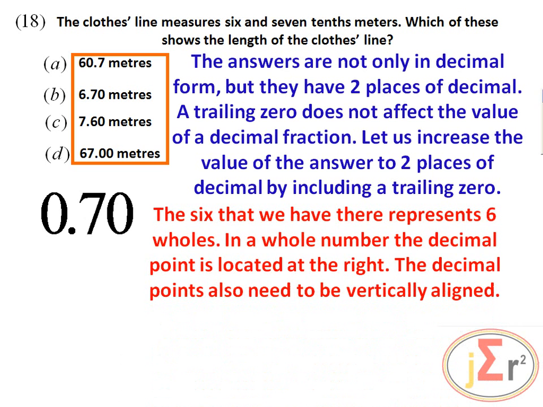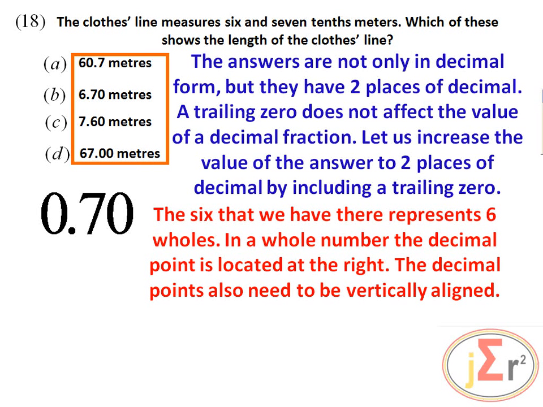The 6 that we have here represents 6 wholes. In a whole number, the decimal point is located to the right. The decimal points also need to be vertically aligned.